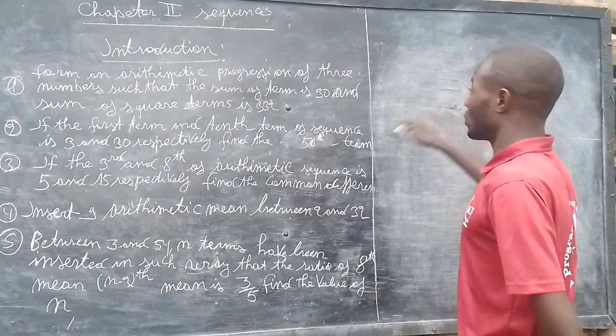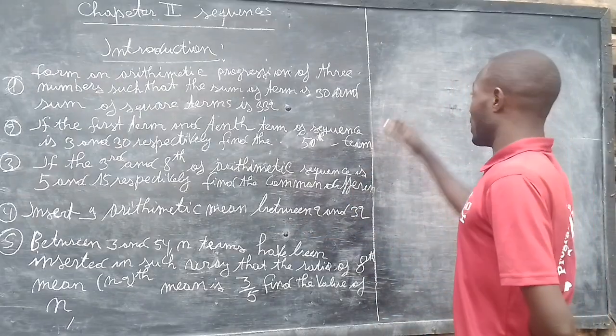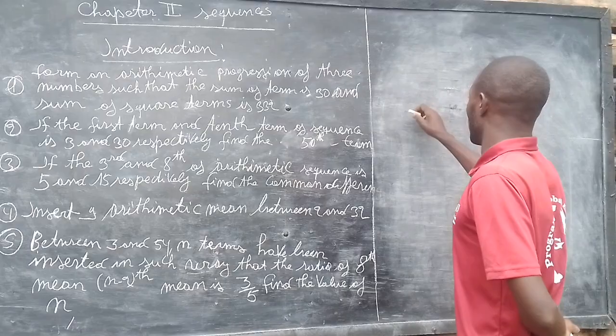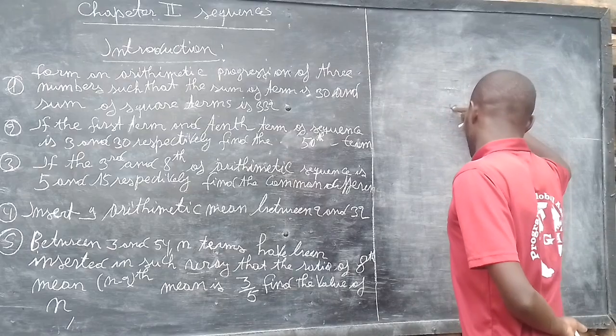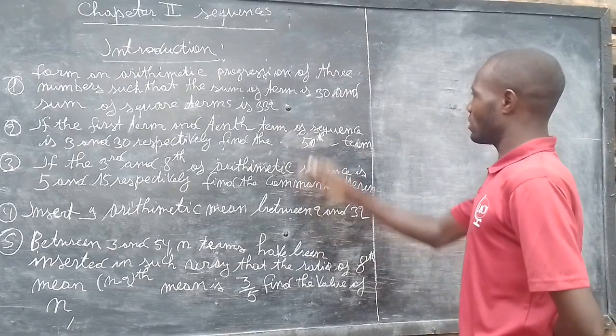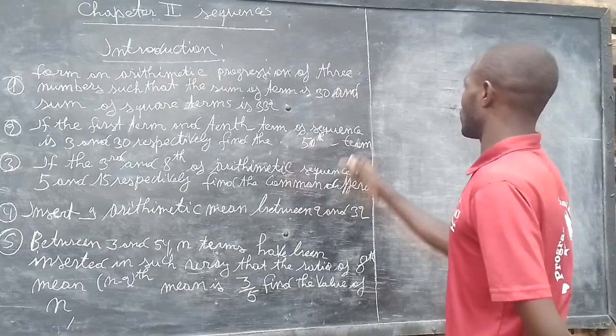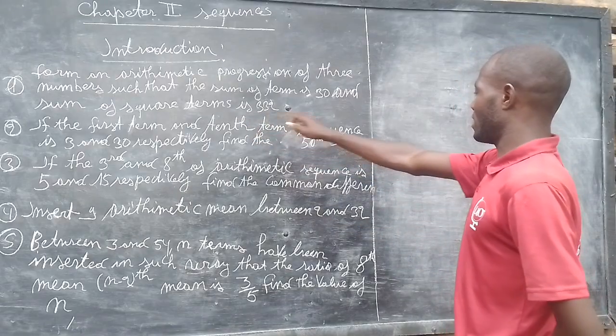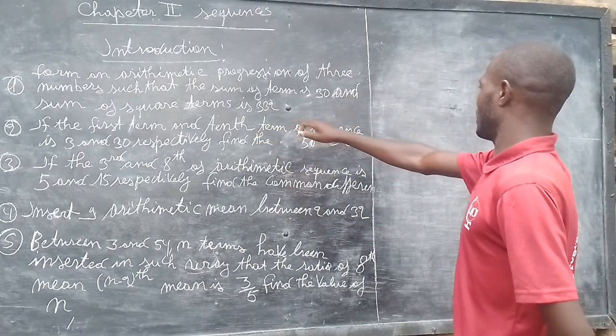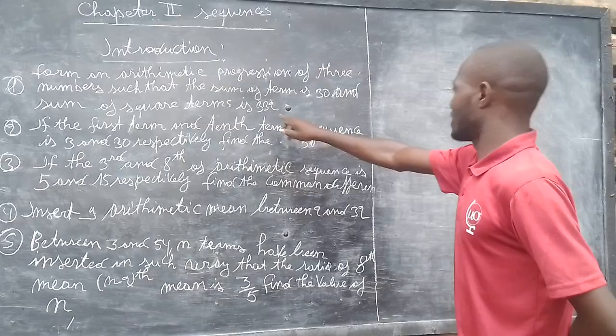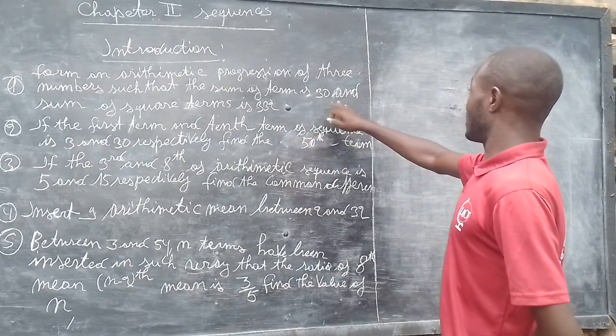If we want to get the next one, we add that common difference to the middle, and then we get the third one. So let's see, we know how we can solve it. They have said that the sum of the squares of the three terms is 332, and the sum is 30.